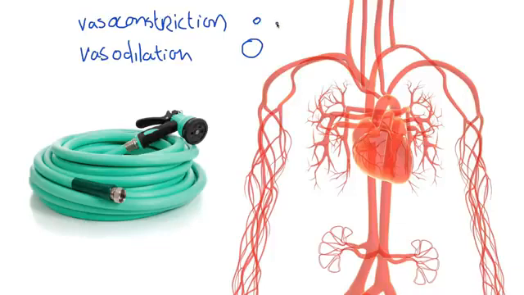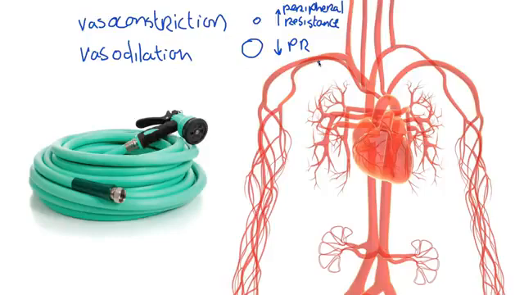So here we're going to have a higher resistance, and I'm actually going to call it peripheral resistance, and here you're going to have a lower peripheral resistance. So we're modulating this.